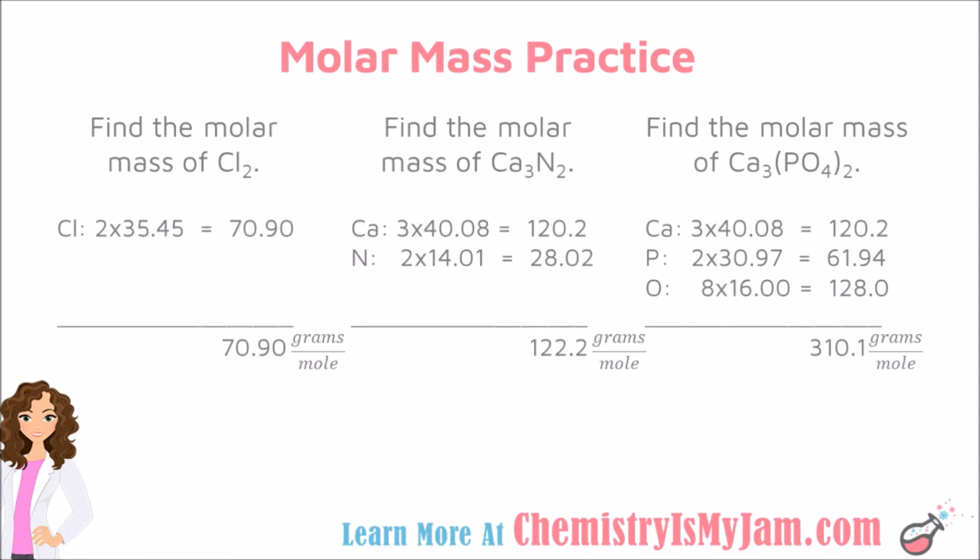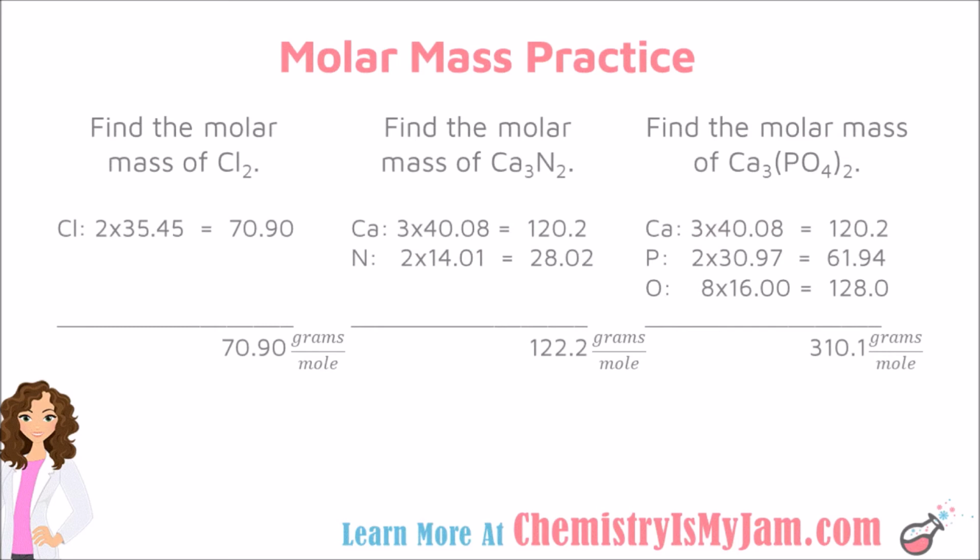So when you add that up and use the numbers off the periodic table, 3 times 40.02 gives me 120.2. 2 times 30.9 gives me 61.94. And then remember that these numbers got multiplied. So there were 8 oxygens times the 16 off the periodic table gives me 128. Add these 3 together, calcium phosphate has a total molar mass of 310.1 grams per mole.